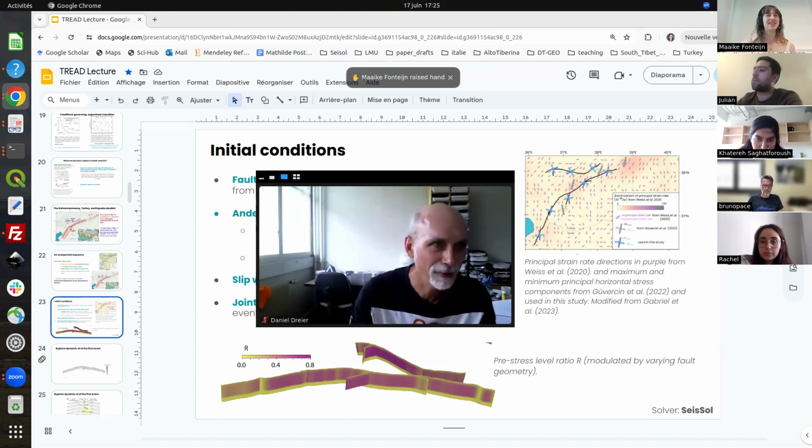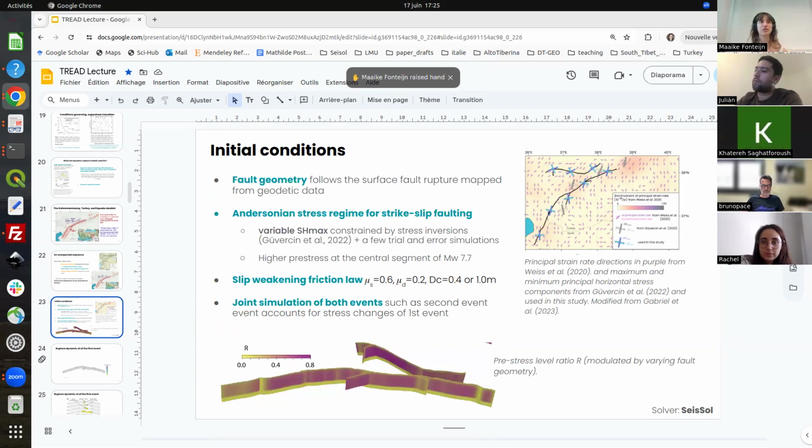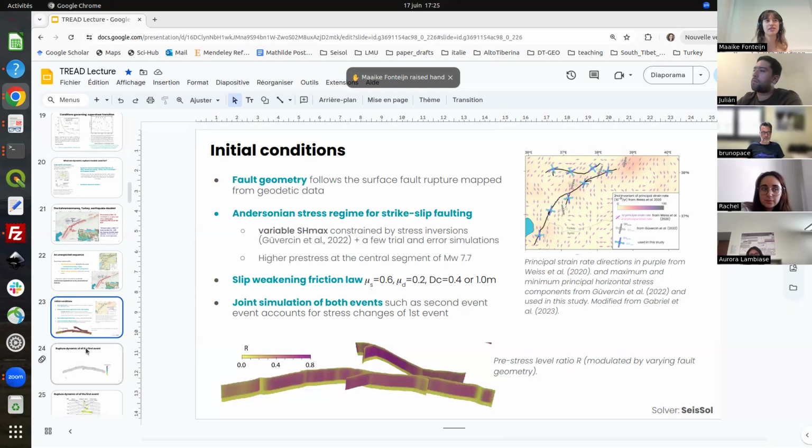So Mikey, go ahead. You said that you concluded that the first Turkey earthquake didn't trigger the second earthquake. Did you just mean dynamically trigger, or do you think it can be triggered by, for example, viscoelastic stress transfer or pore pressure changes that have a time delay? Yeah, of course.